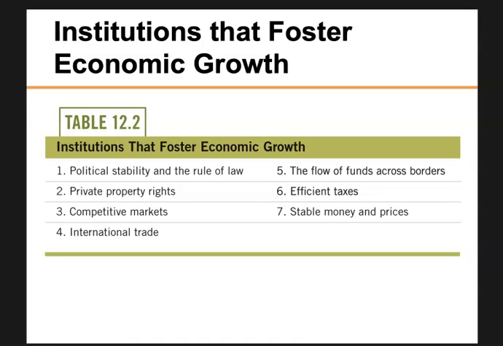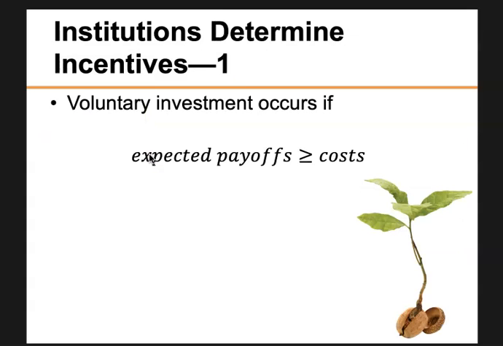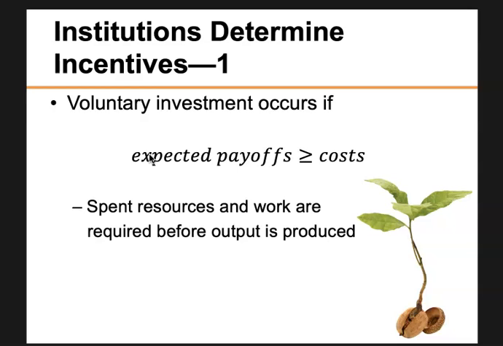Now remember these seven institutions that foster economic growth, and we already talked about all of them in the previous chapters. So now let's summarize this. The investment will happen only if expected payoffs are larger than the cost, right? We spend resources, and work is required before the output is produced, with a time lag before the payoff.